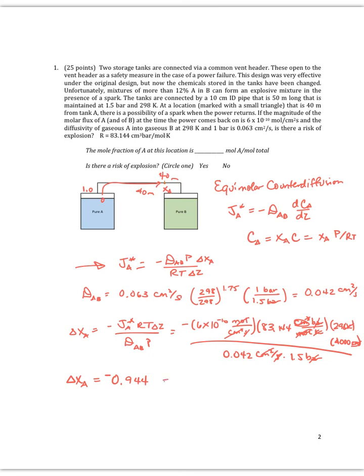And so this is equal to XA minus 1. And if I solve this for XA, I get 0.056, which turns out to be less than the 12%, and so therefore 0.056, no risk.